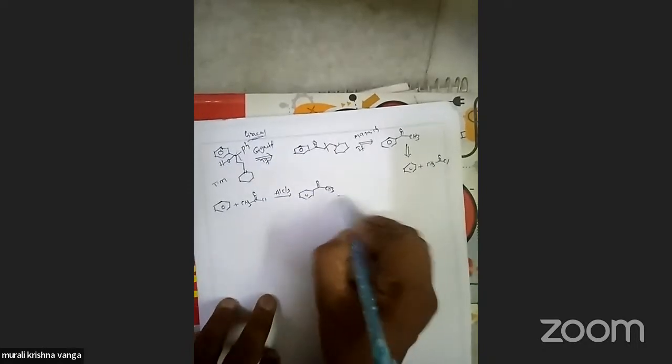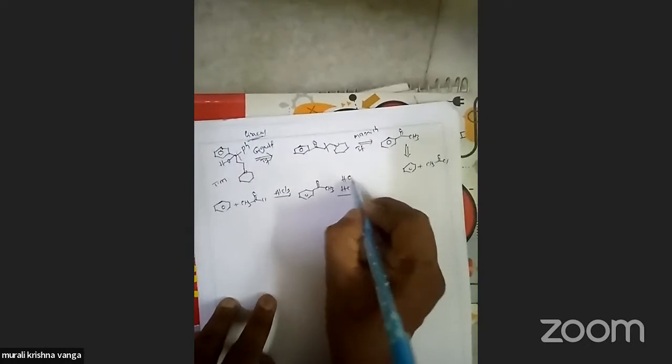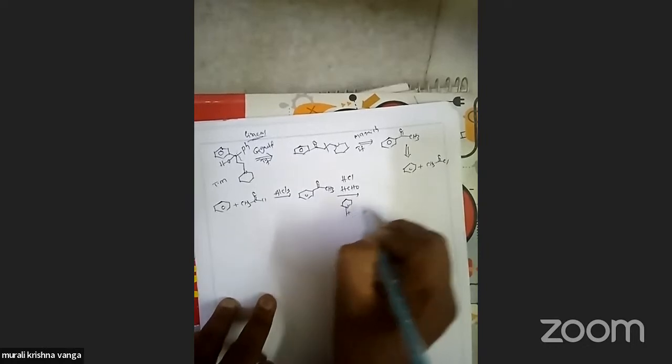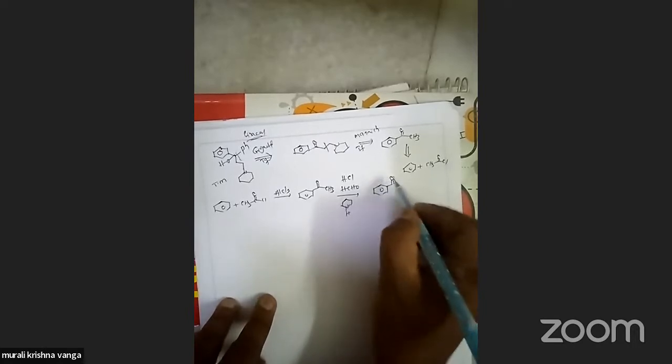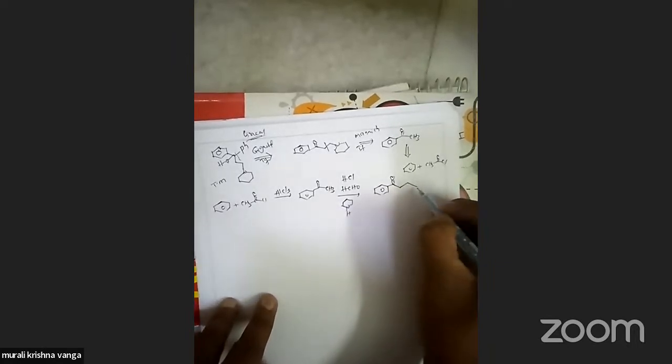When this acetophenone reacts with formaldehyde, HCl and piperidine, it undergoes the Mannich transform. Then aminomethylation takes place. It is a Mannich reaction.